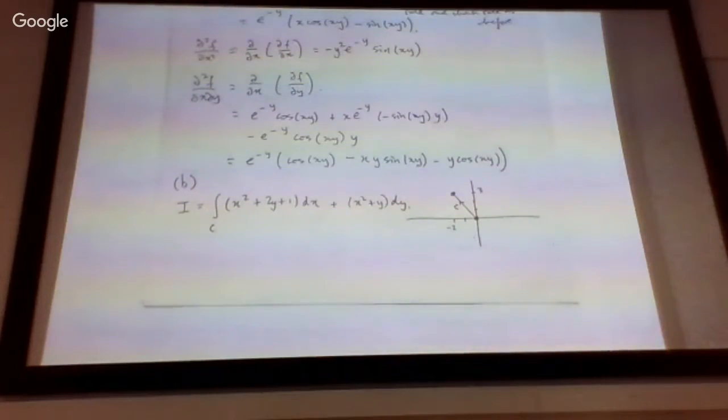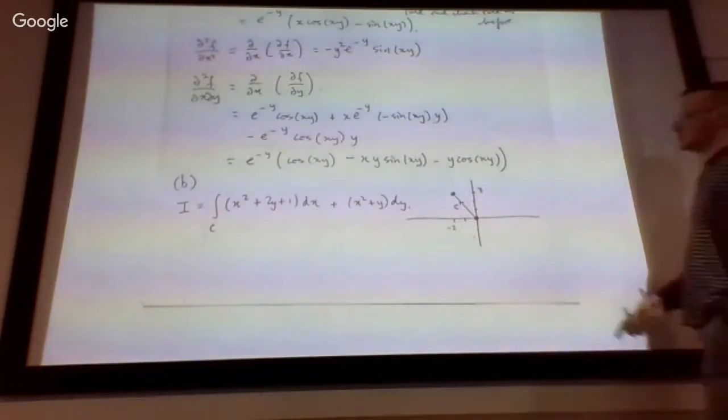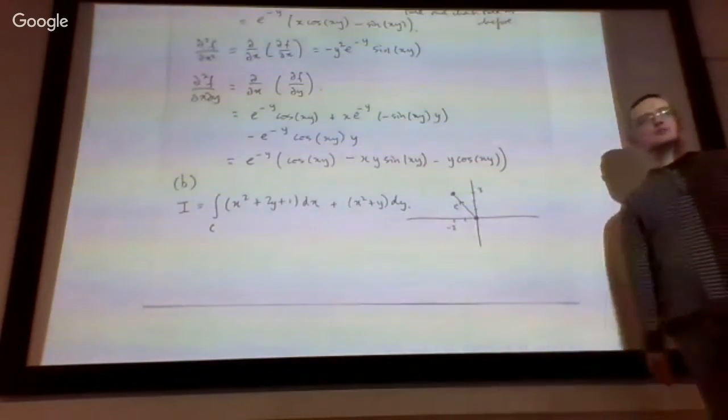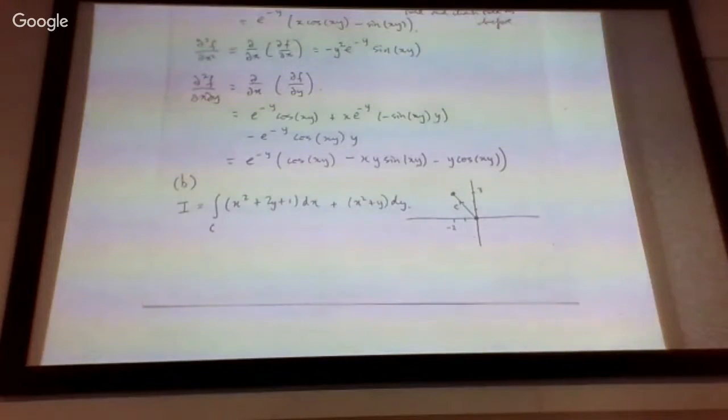Okay, so in order to carry this out, we need a parameterized description of the curve, and we're going to translate the integral into effectively a single variable integral.